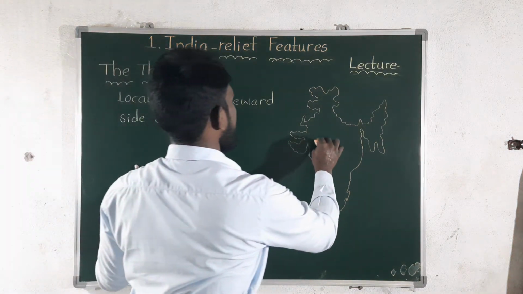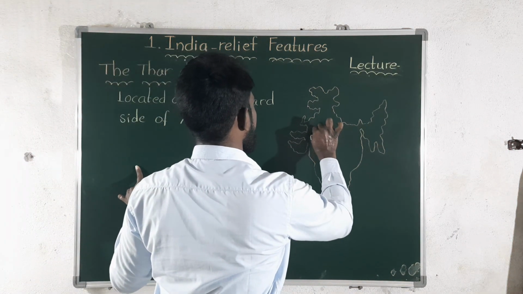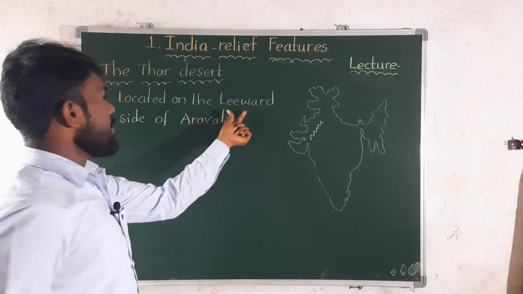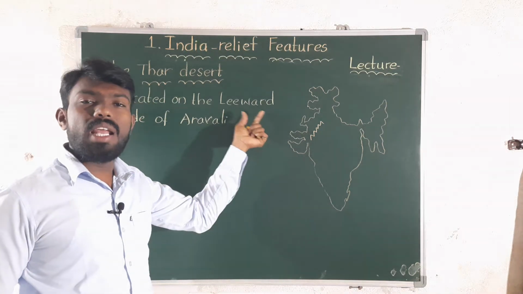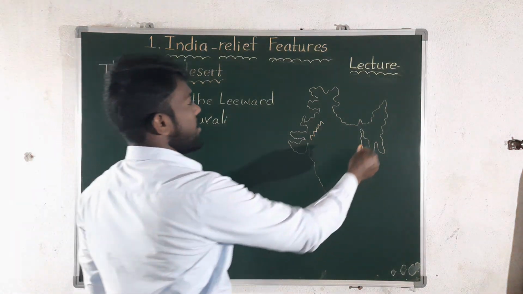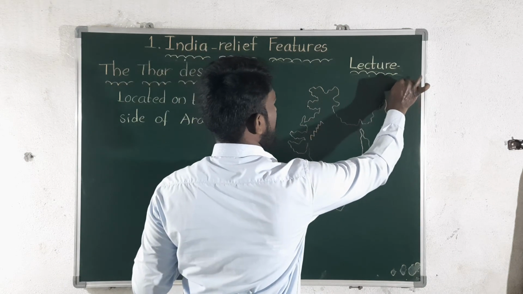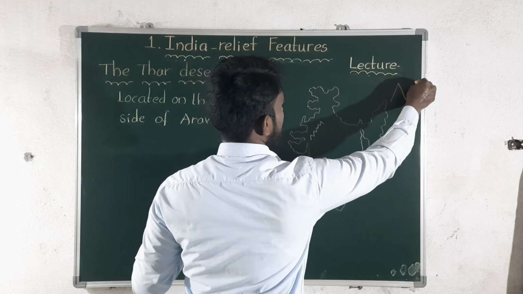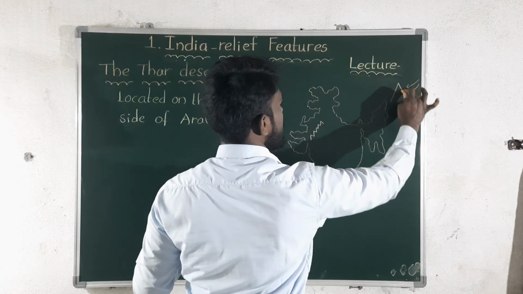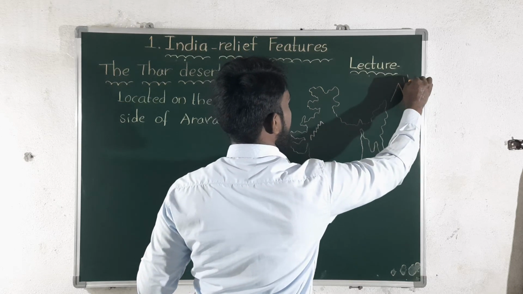The Aravali mountain range runs in this direction in our India. Here we need to understand the meaning of the word leeward. For example, this is a mountain. If the wind is blowing in this direction, that is called the windward direction.